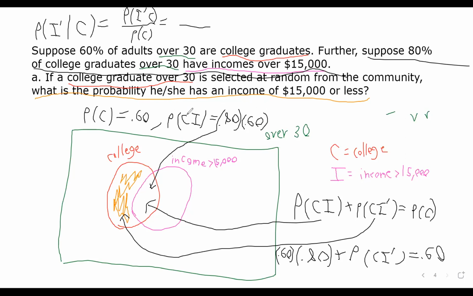Now you just solve for P of CI prime, which is the same as I prime C. It is equal to 0.60 minus that, which is 0.12.